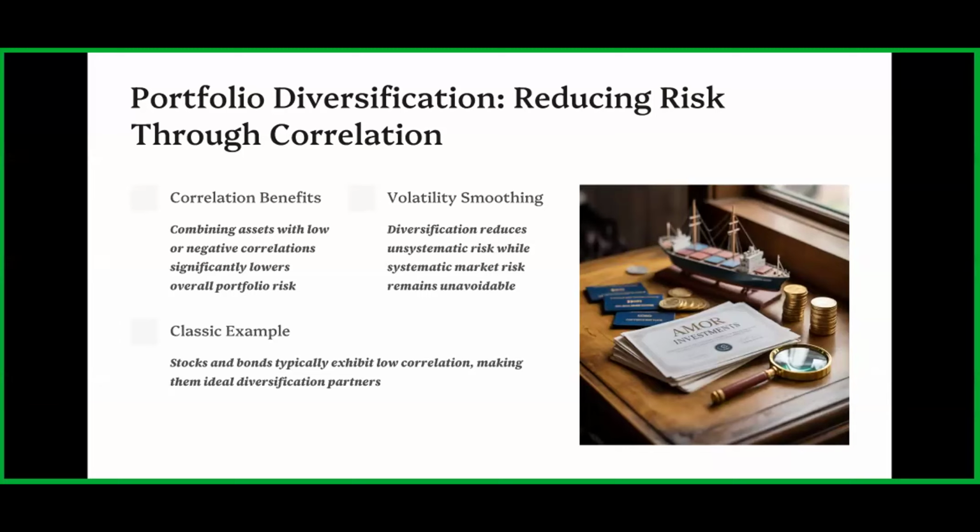That means unsystematic risk is a type of risk that is in the control of the investor's hand. He can reduce that risk by selecting the optimum portfolio from the options available to the investors.